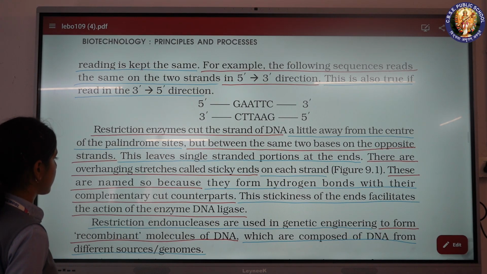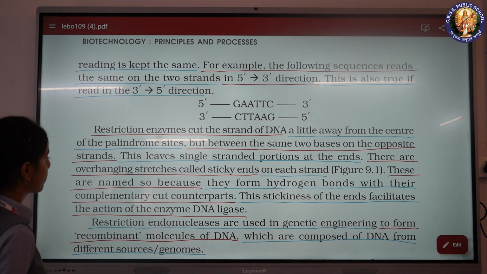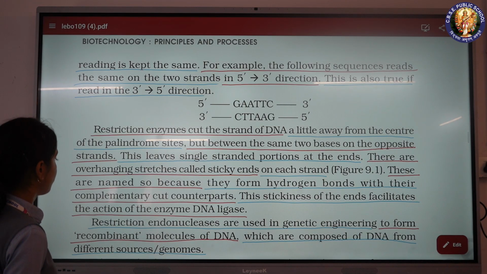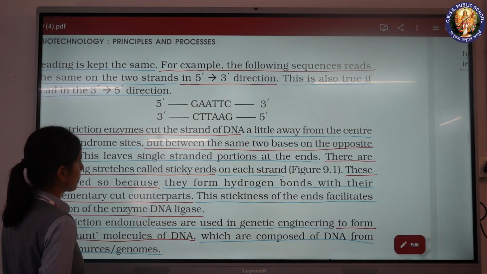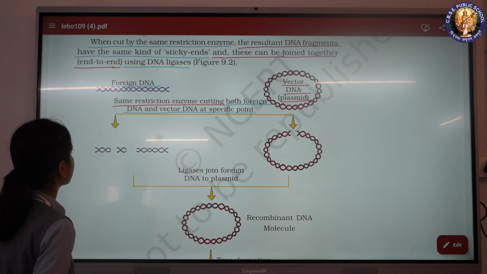Restriction endonucleases are used in genetic engineering to form recombinant molecules of DNA, which are composed of DNA from different sources or genomes.